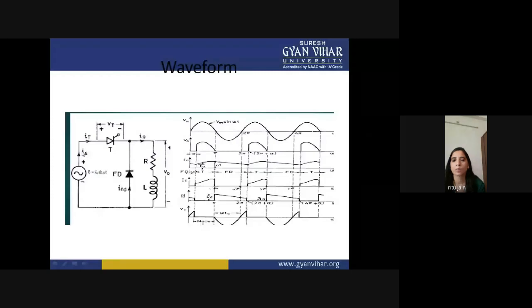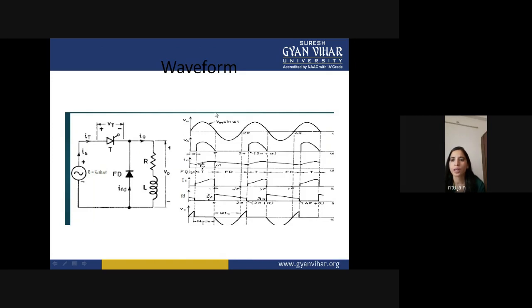The current which is supplied through this supply voltage is IS, the current which is flowing through the thyristor is IT, and the current which is flowing through the freewheeling diode is IFT. The output current flowing through this load is I naught, and the output voltage is V naught. Okay.